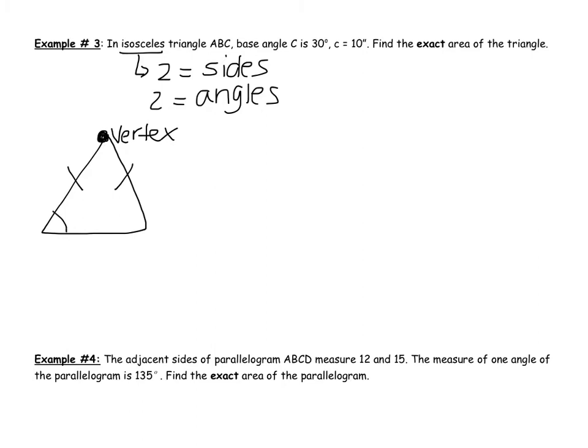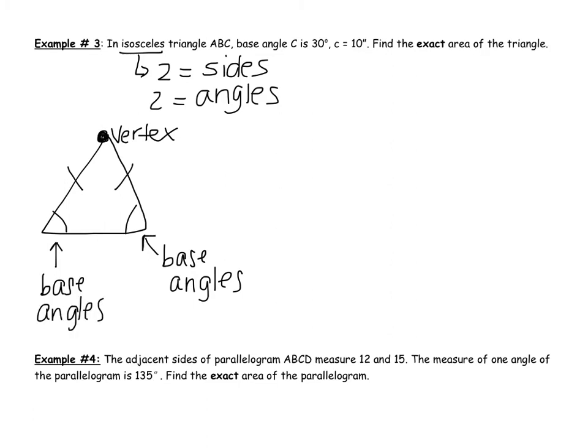And these angles down here, both of them, are called base angles because they're on the bottom. So this is a base angle as well. And the base angles in an isosceles triangle are equal. So if these 2 sides are equal, the angles opposite are also congruent. So that would mean this angle in here is equal to that angle in there.